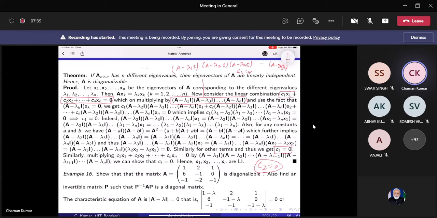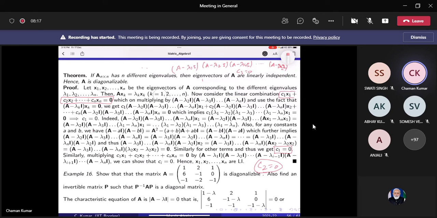So if you want to show Ci is equal to 0, you will not include A minus lambda i I in the product, so that only the ith term remains non-zero when you multiply this product in the equation, and all other terms except the ith term are 0. And then from there you can show that Ci is 0.